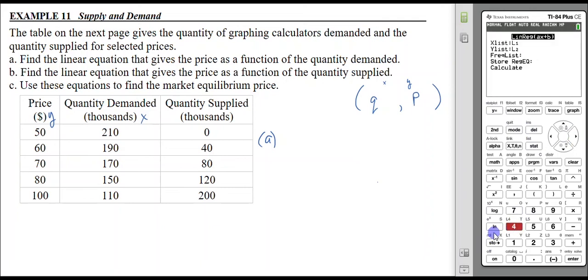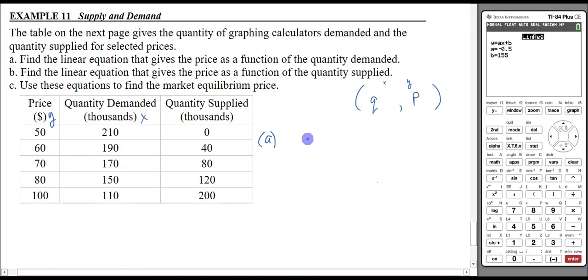Our x we are going to pull from list 2, so replace that with list 2, and our y is coming from list 1, so change that to list 1. Let's go ahead and store our regression equation, vars, y vars. We'll save it in y1 and then calculate. So the equation that gives us the price as a function of the quantity demanded is P equals negative 0.5 Q plus 155.